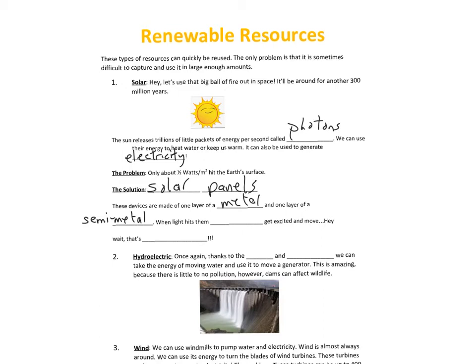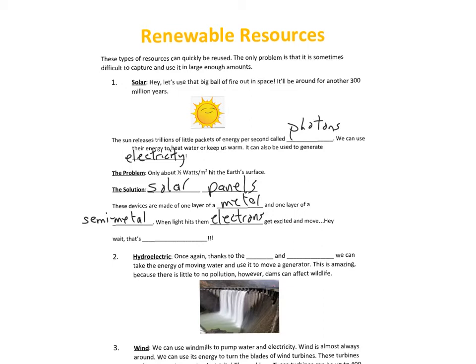The idea here is that when sunlight hits these panels that have a layer of metal and a layer of a semi-metal, there are electrons, which are one of the three basic parts of an atom, that get excited and move. They jump from one atom of a metal to another, or they jump across the two layers, and that's where the ingenuity and the amazing engineering that goes into solar panels takes place.